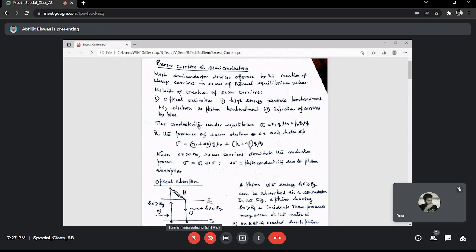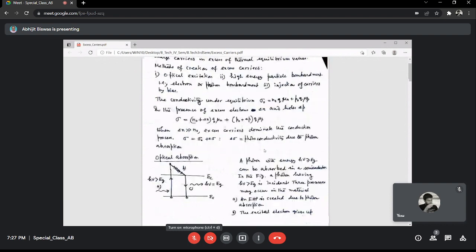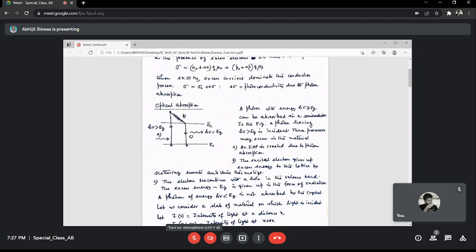Delta p is the excess hole concentration due to some excitation, maybe optical excitation, q into mu p. As you know, excess carriers will be much higher compared to the equilibrium electron concentration. Therefore, we can say delta n is much higher than n0. So sigma has two parts. One is sigma 0, which corresponds to the thermal equilibrium value, plus delta sigma, which is due to photoconductivity due to photons.